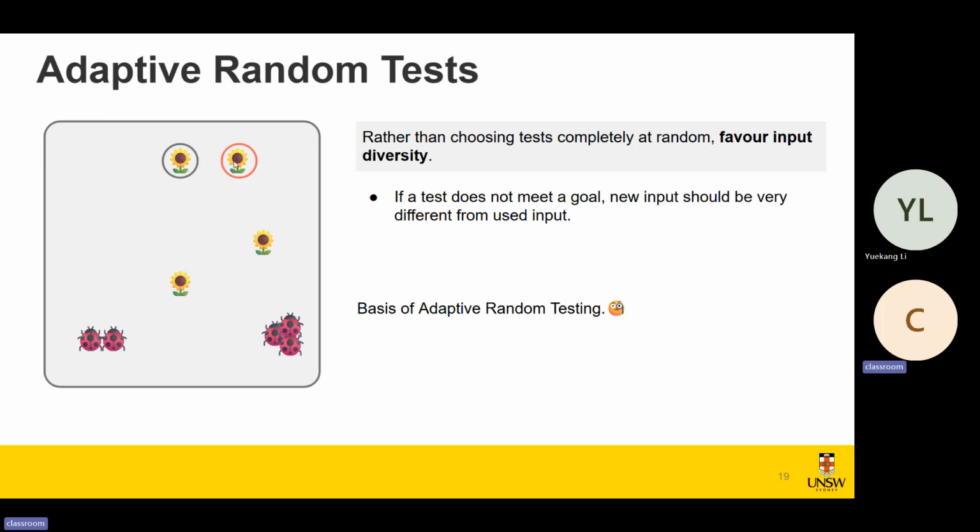So instead, we should randomly generate some other inputs which are further away from the unsatisfying input we have tried.